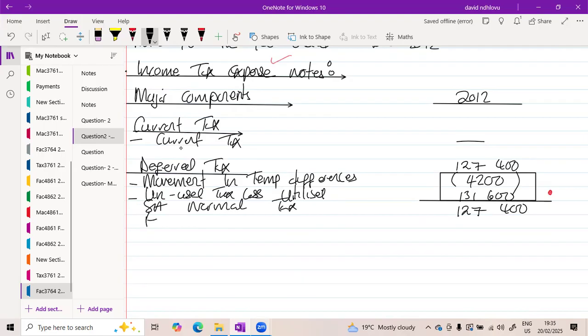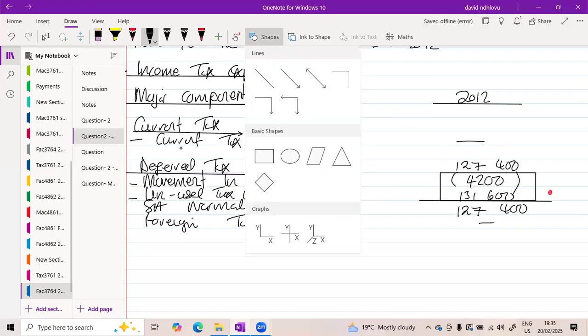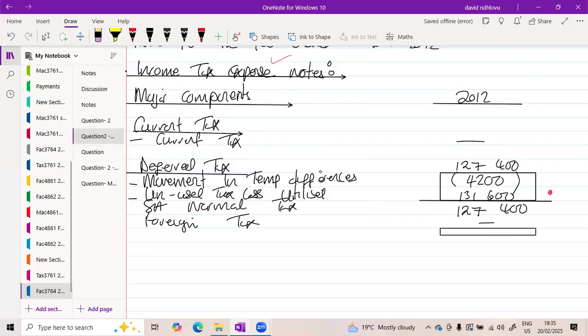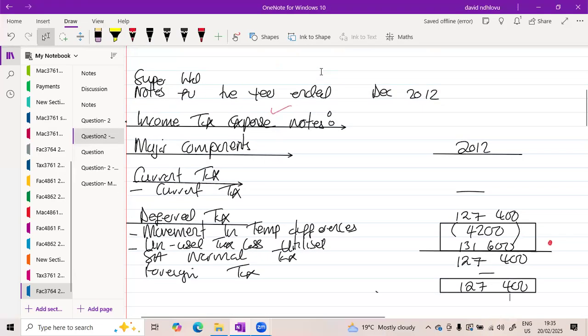If we happen to be having foreign tax, we don't have it in this question. It would have come there, but we don't have foreign tax there. So our tax expense for the current year is 127,400. That is the amount that we would have been looking for. And if we're supposed to present the statement of P&L, it would be profit before tax minus income tax of 127,400. That's where this figure was going to go.